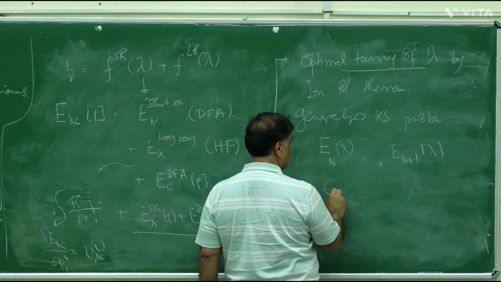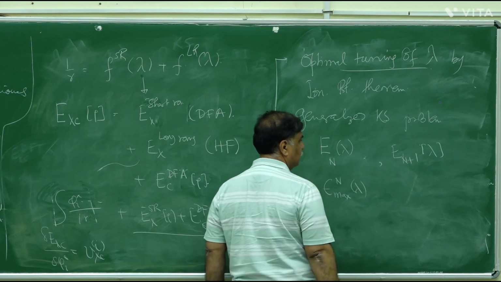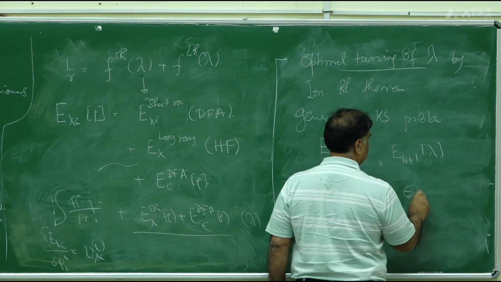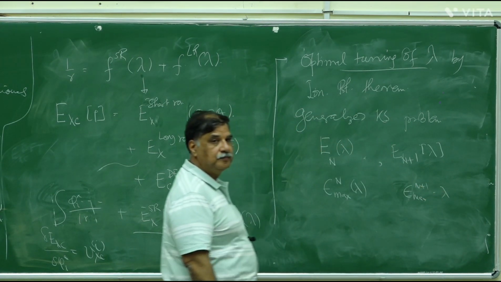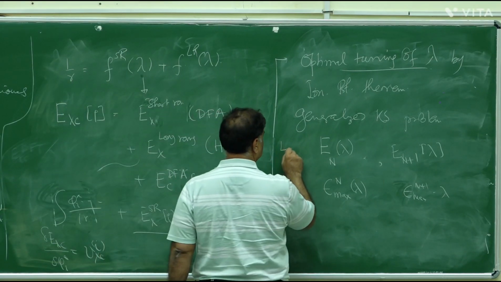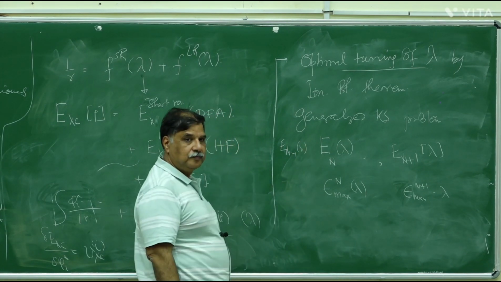With this, you also get epsilon max n as a function of lambda. You get epsilon max n plus 1 as a function of lambda. Right? And you can also go the other way. You can do E n minus 1 as a function of lambda.